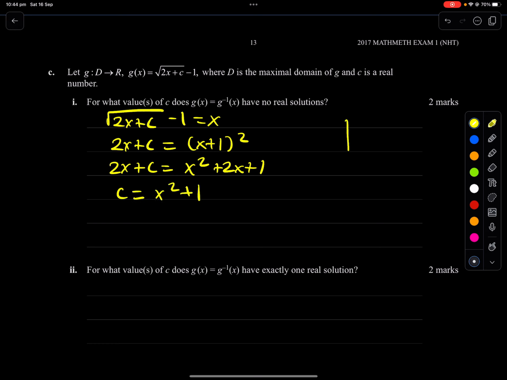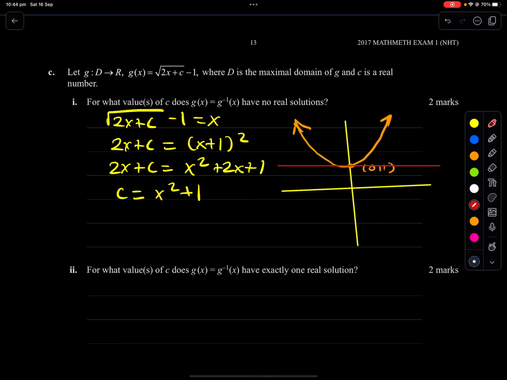Now if I draw x squared plus 1, it goes like that, and this is 0 to 1. So c is a line, so we want no real solutions, so we want c to be less than 1, but not equal to it, because if it's equal, it actually becomes a solution. So be careful of that.